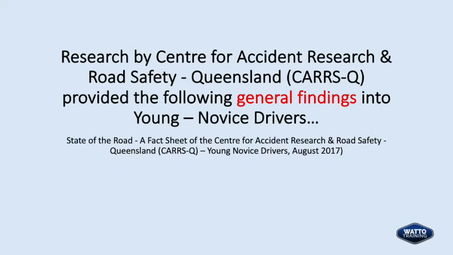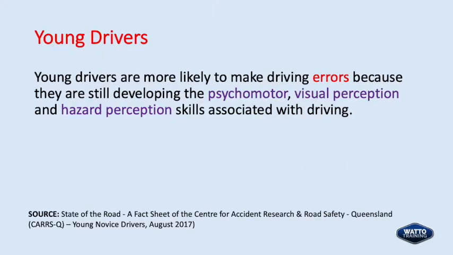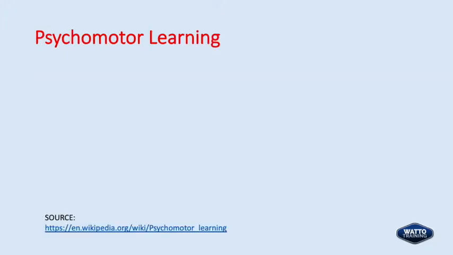Research by the Centre for Accident Research and Road Safety, Queensland, CARRS-Q, provided the following general findings into young novice drivers. Young drivers are more likely to make driving errors because they are still developing the psychomotor, visual perception, and hazard perception skills associated with driving.